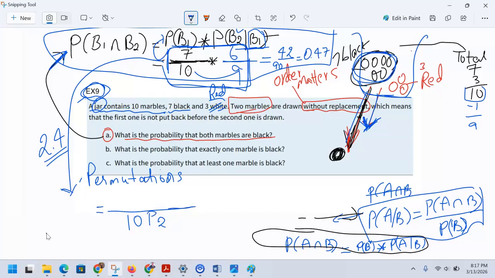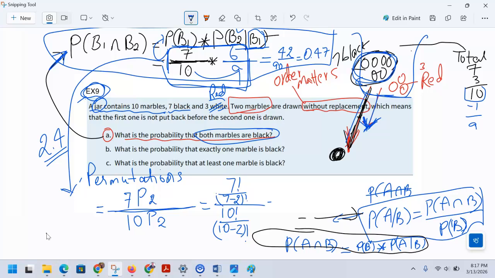The numerator is the number of outcomes where you want two blacks, which means from 7 you pick 2. You can use a calculator, but I will do it without one. This is 7 factorial divided by 7 minus 2, over 10 factorial divided by 10 minus 2.